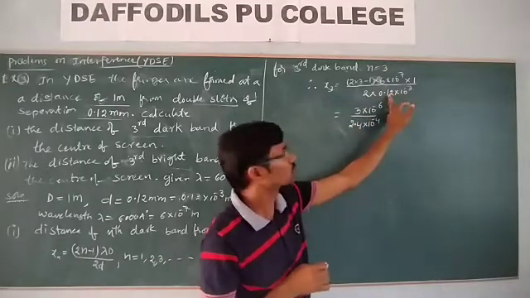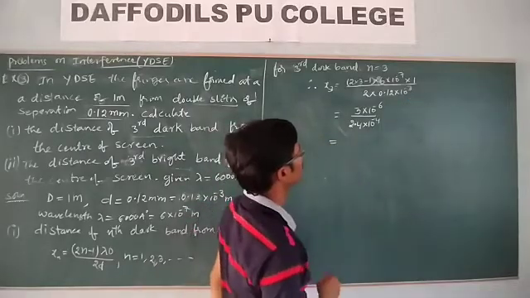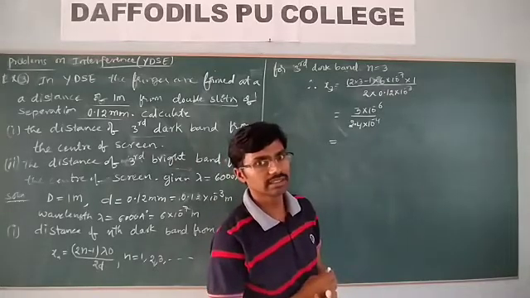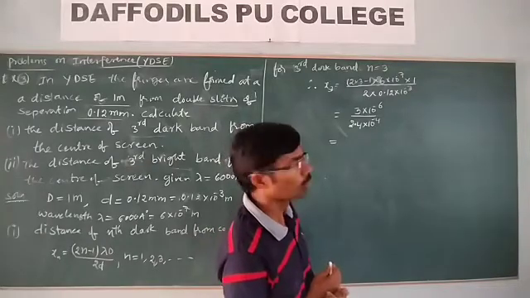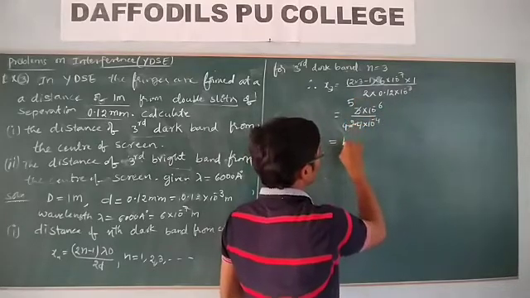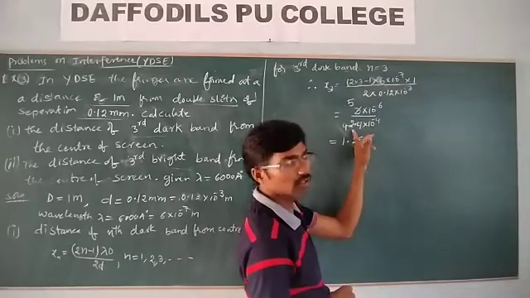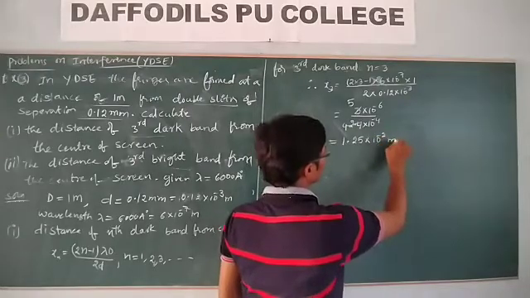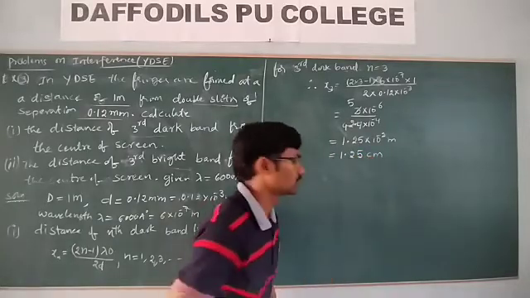Now you can take 30 by 24, which is 5 by 4, that is 1.25. So 1.25 into 10 power minus 2 meter, which is nothing but 1.25 centimeter.